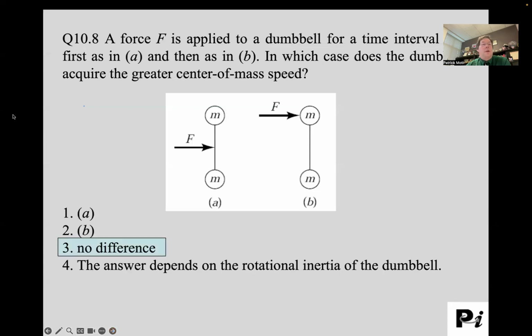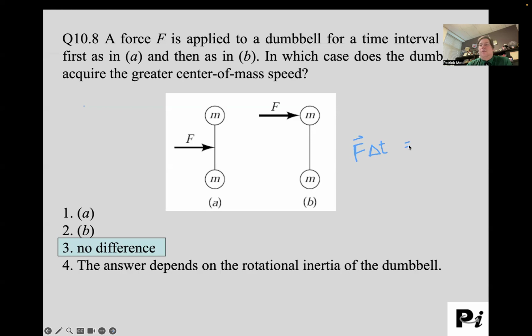All right, it makes no difference. And let's make sure that we understand why. If we go back to the impulse momentum theorem, I've got a force applied over a time interval delta t. So that's the impulse, right? That impulse is the same in case A as in case B. And what does that impulse do?